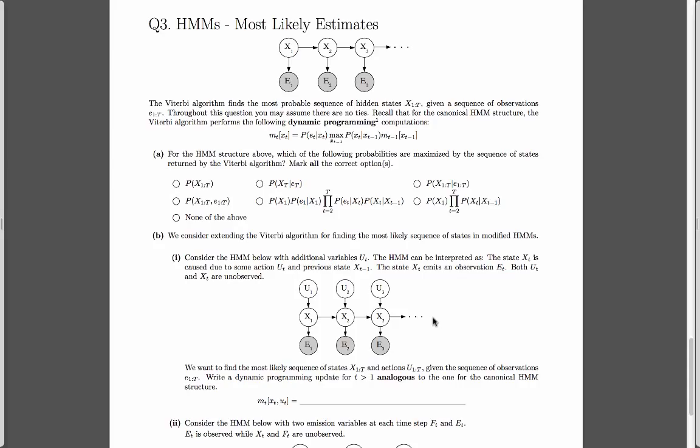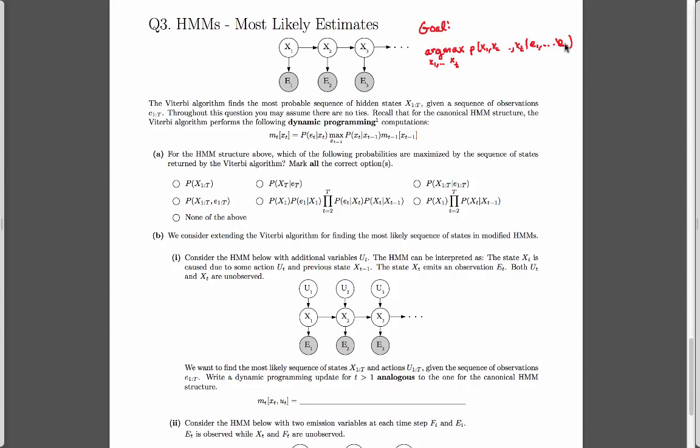And the thing to remember is that when you're running the Viterbi algorithm, the goal of most likely estimates is to find not some probability distribution, but the argmax over your sequence of states x1 through xt, of the probability of that sequence given all of the evidence that you saw, E1 through ET.